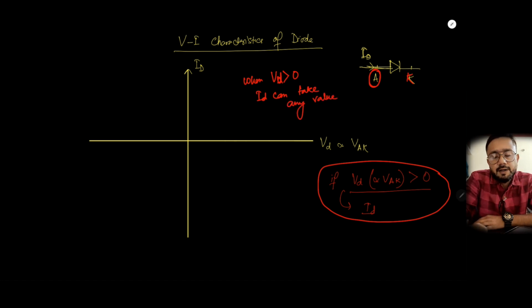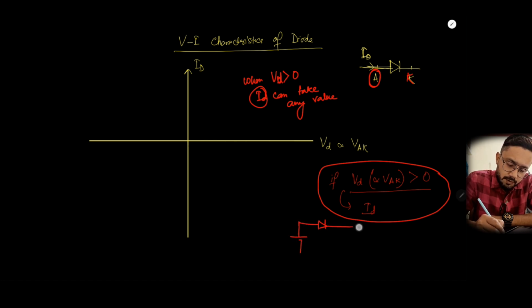Why can the current take any value? It basically means the value of the current will be decided by the circuit. Suppose I have a circuit, this is 10 volt, this is 10 ohms. So what will be the current through the diode?